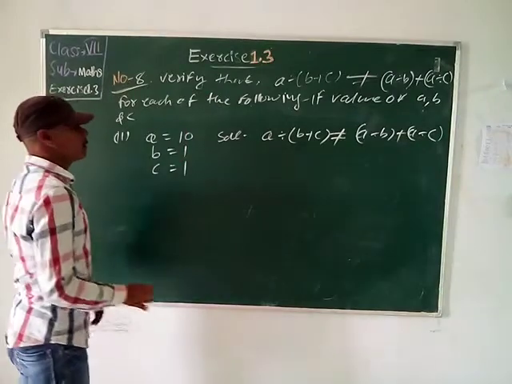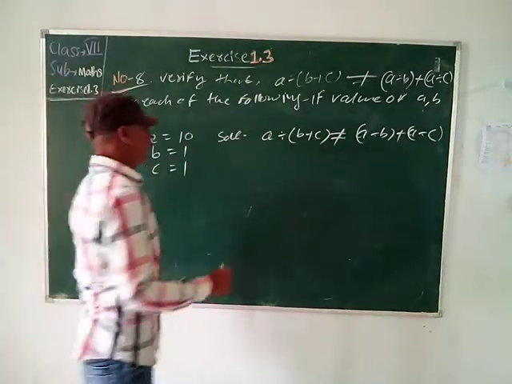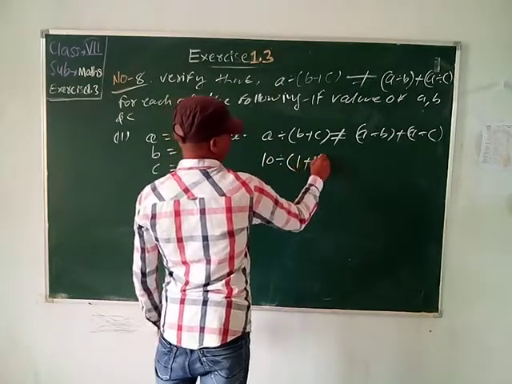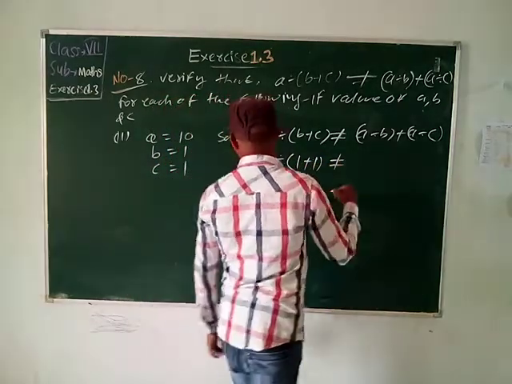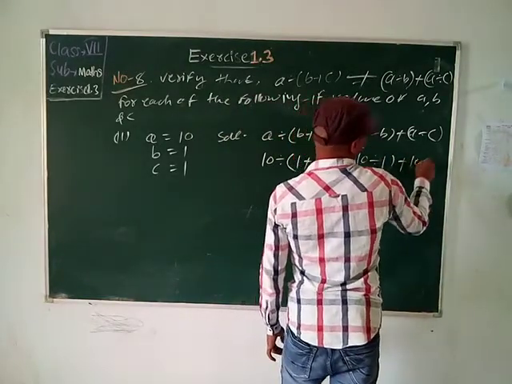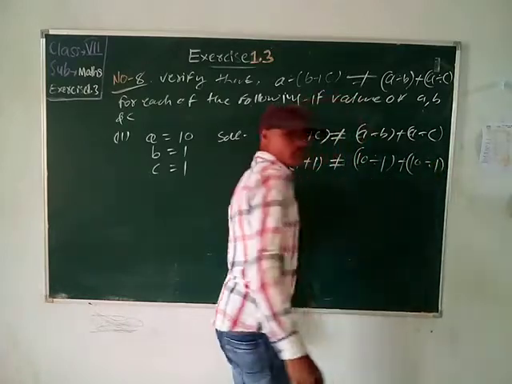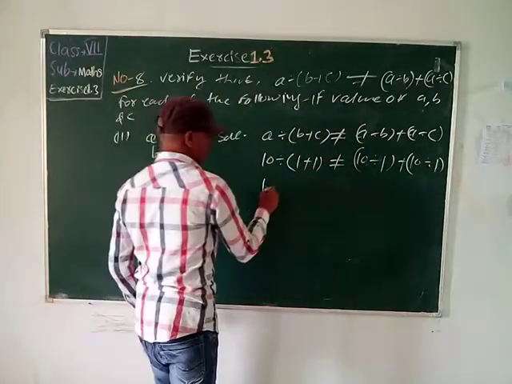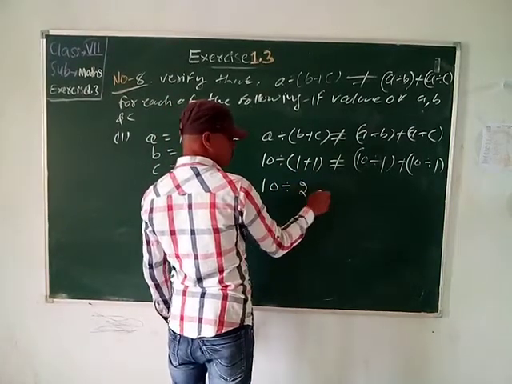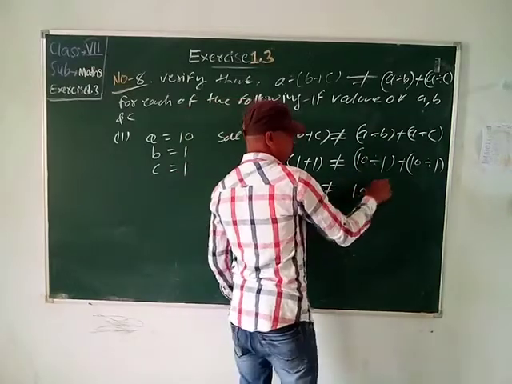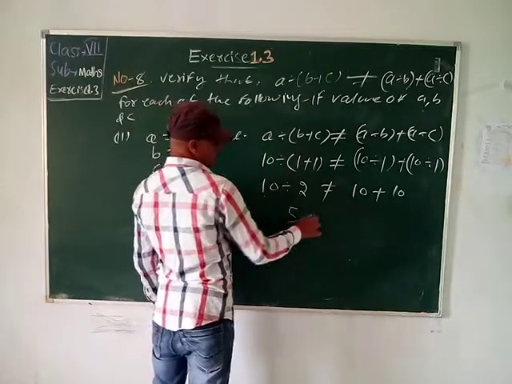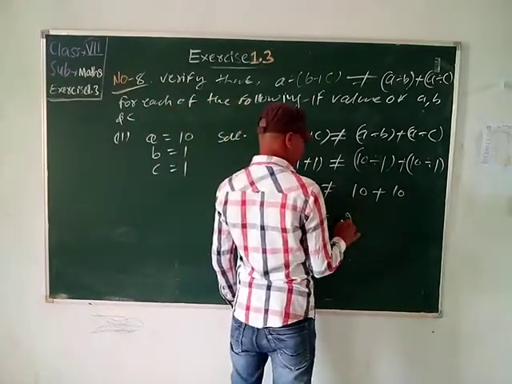Now a divided by b plus c: a is 10, b is 1, c is 1, so 10 divided by 1 plus 1, that is 10 divided by 2, which is 5. And 10 divided by 1 equal to 10, plus 10 divided by 1 equal to 10, gives 10 plus 10, which is 20.